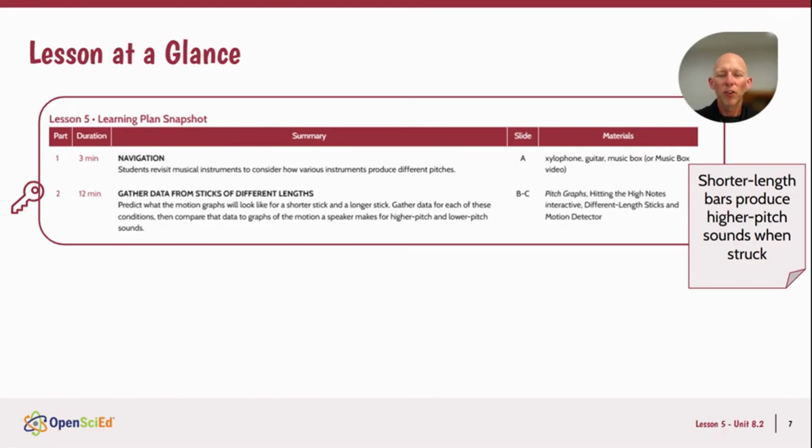So then in part two, we think about how we could adjust the stick in our motion detector meter stick apparatus to represent that. So we'll change the length of our stick in the apparatus, collect data from that. We'll also collect data from the computer simulation that we used in the previous lesson.